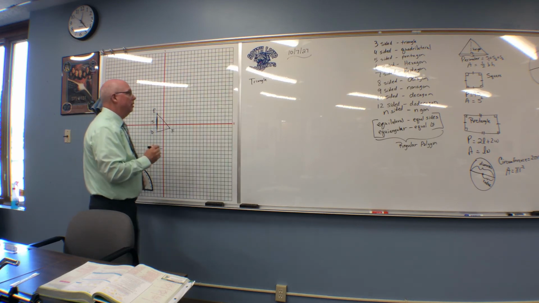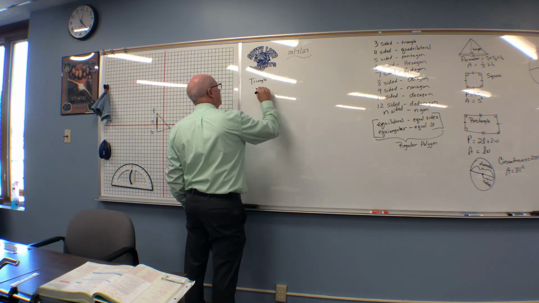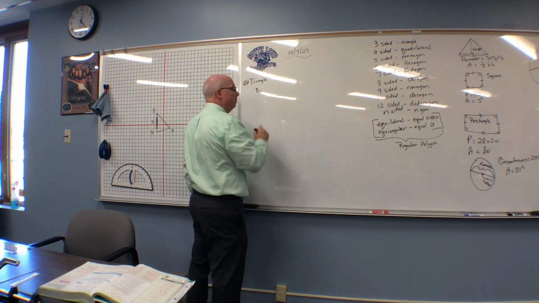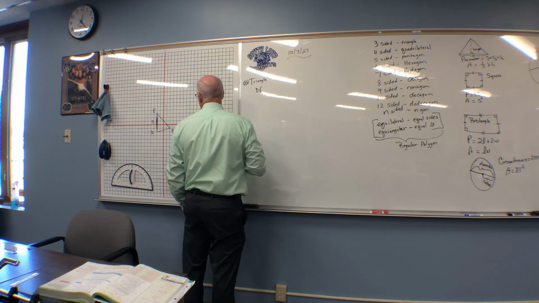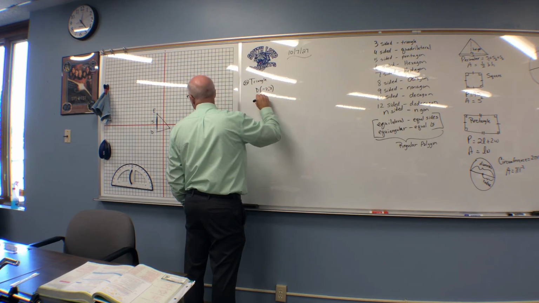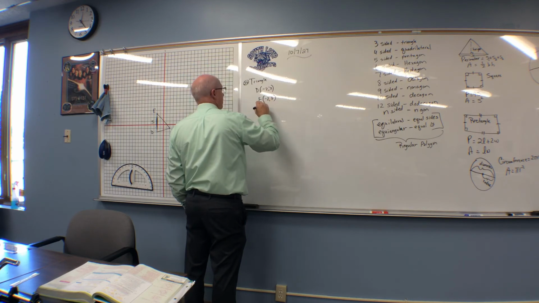Okay, so can you tell me the endpoints of each? Let's start with D. Can you tell me the coordinates of D? Negative 2, negative 2. E is -2, 3, and then F is 2 and -1, right?